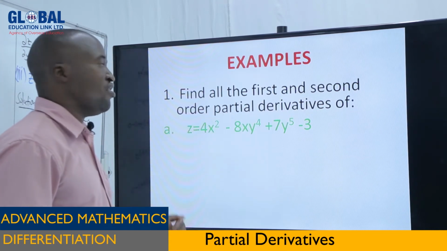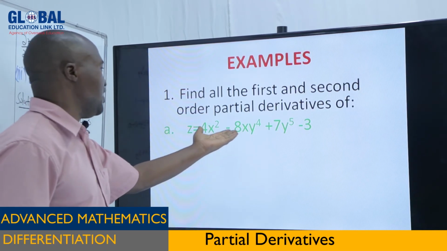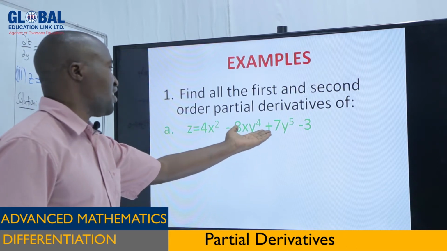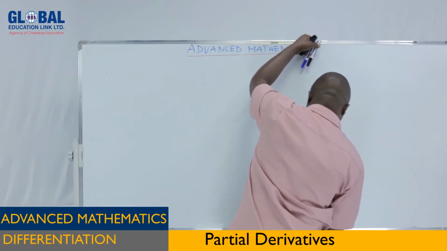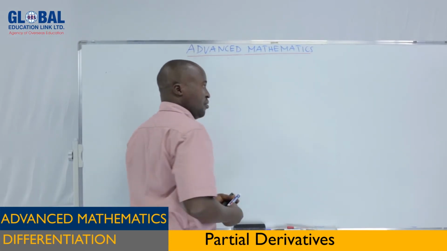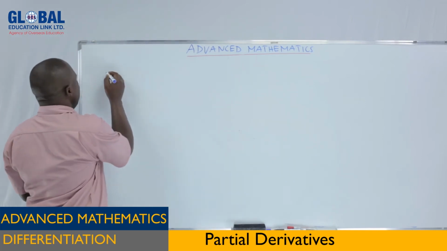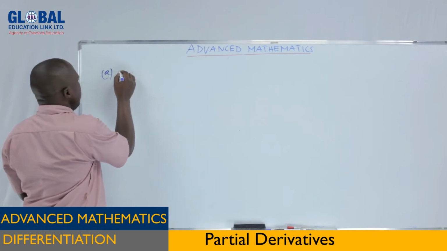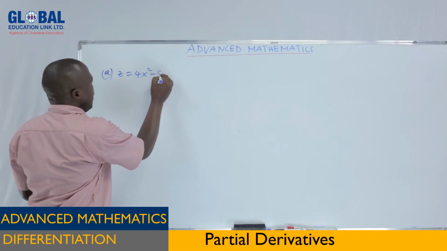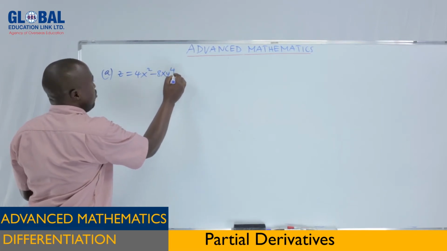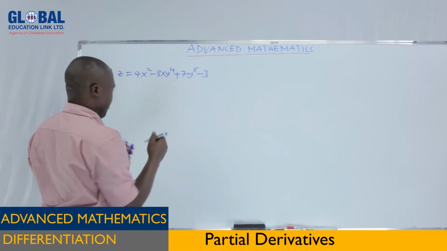For a, we have z is equal to 4x squared minus 8xy power 4 plus 7y power 5 minus 3.